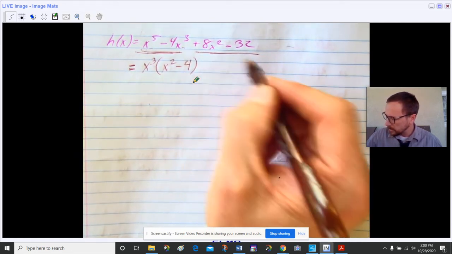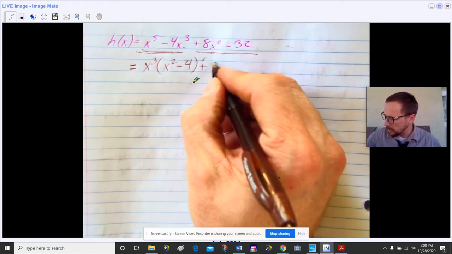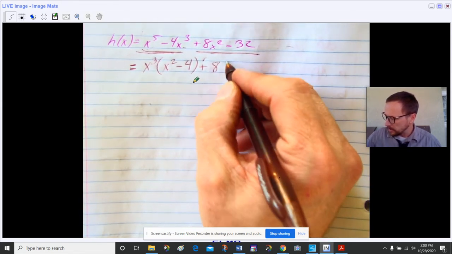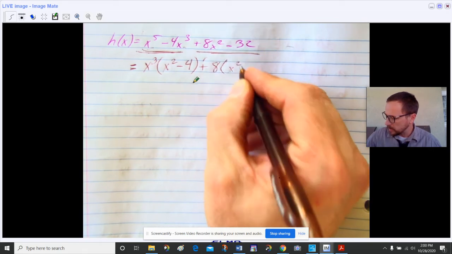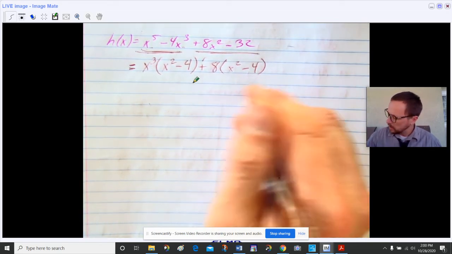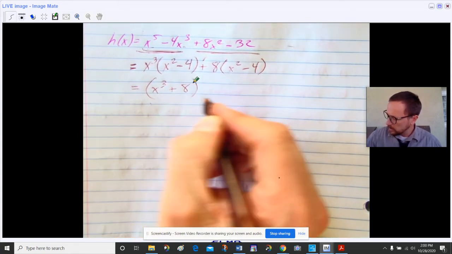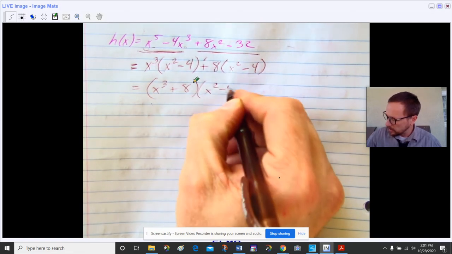Over here, both have an 8, so we factor out an 8, and we have X squared minus 4. Then that factors to X cubed plus 8 times X squared minus 4.